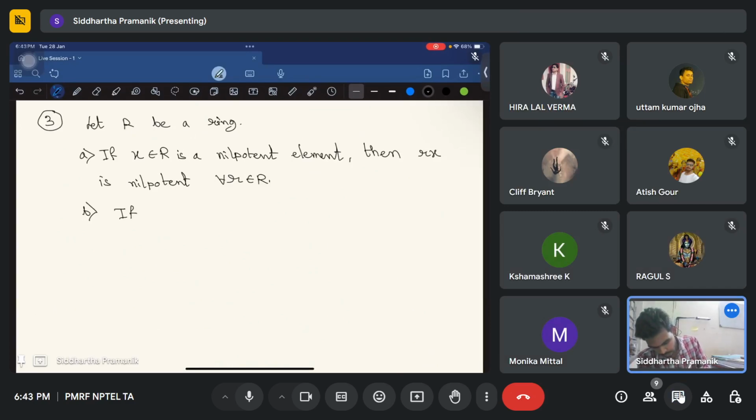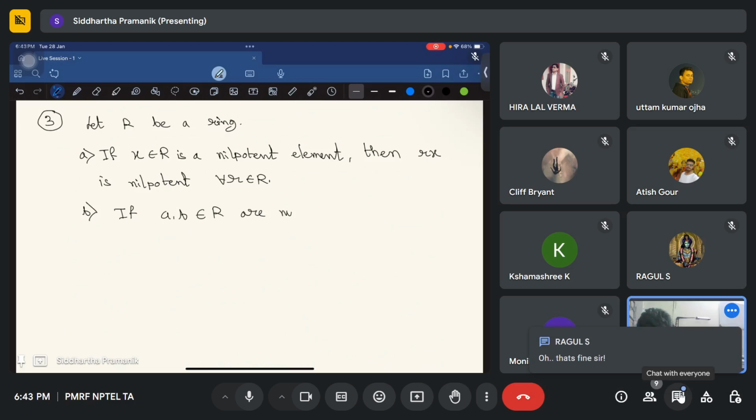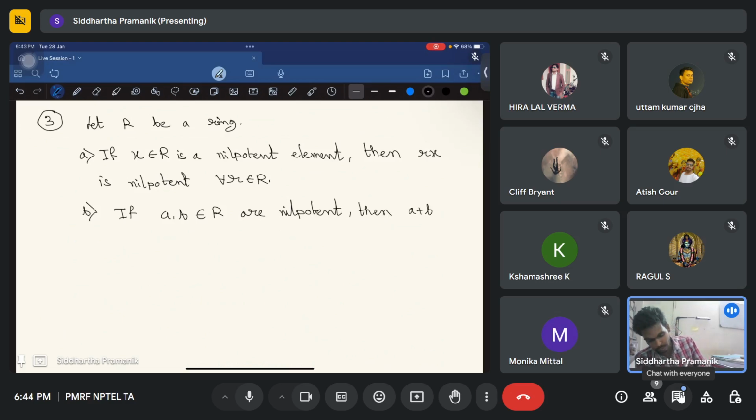So if you have two nilpotent elements, let's say a and b in R, then their sum is also nilpotent. First I said that if you take a nilpotent element and multiply it with any other element, you will get a nilpotent element.